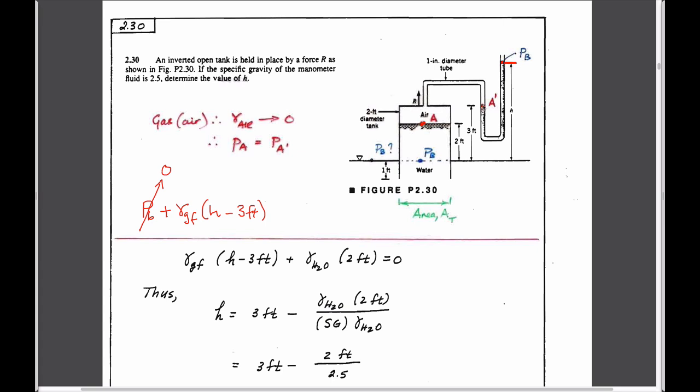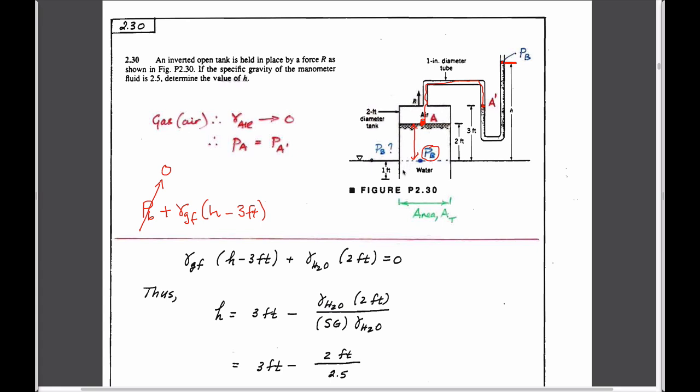So we find ourselves at this point. We're in a gas, and so we can happily go along this direction, and we're still at the pressure that we'd find here. And now we go down a certain amount, and we find out what the pressure is at this particular location.